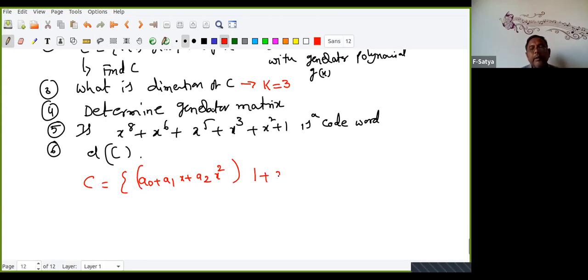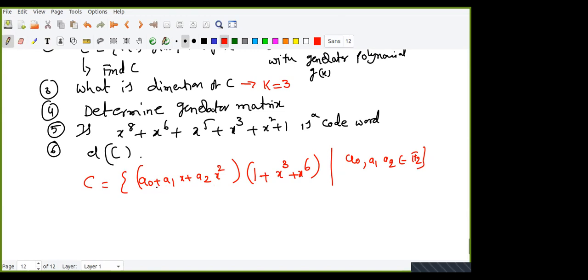What is the polynomial? 1 plus x^3 plus x^6, where a0, a1, a2 belong to F2. How many polynomials will come? 8 polynomials will come, right?